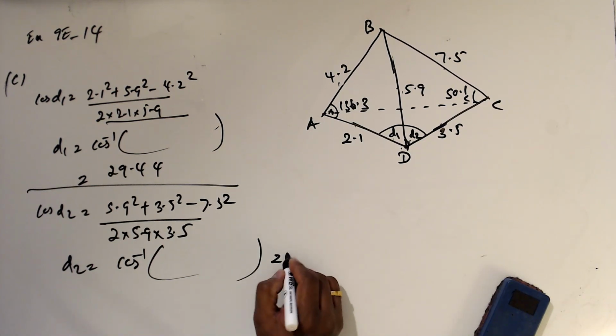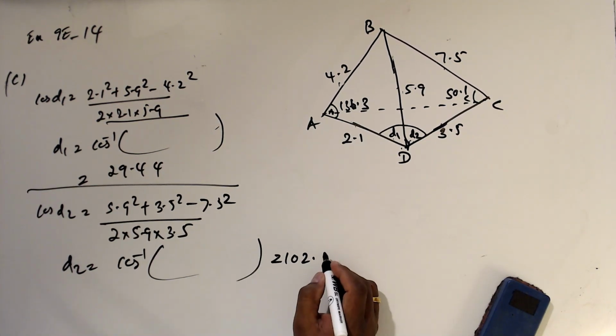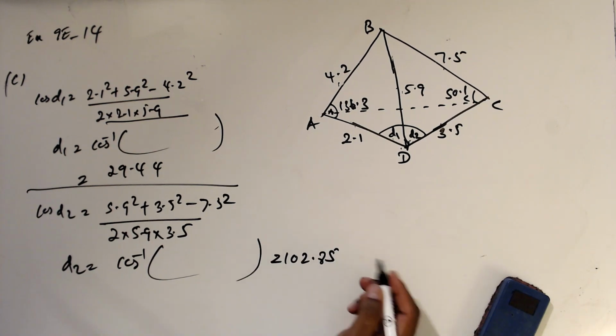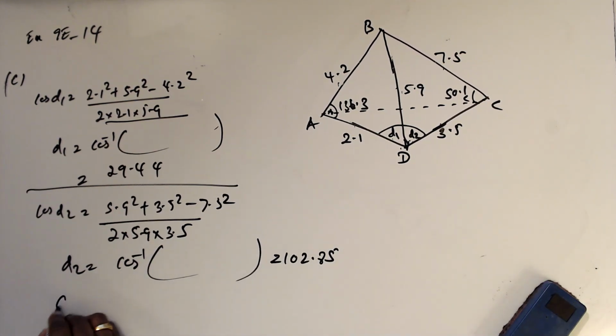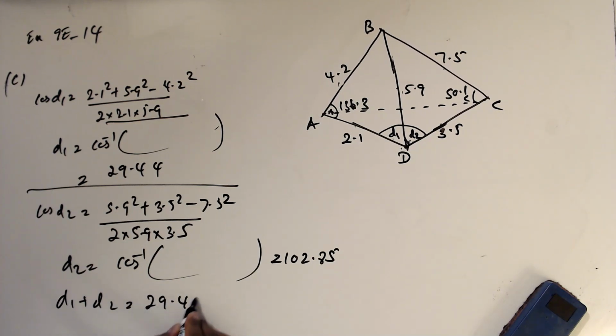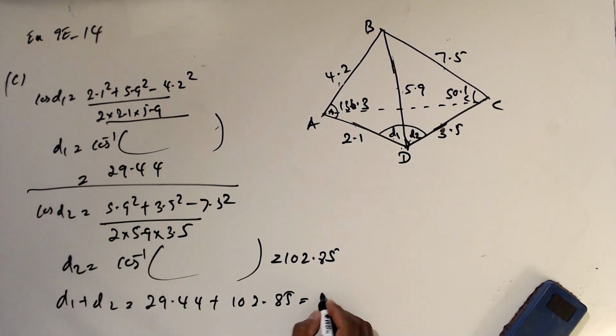Basically you will get 102.85. Then d1 plus d2 equal 29.44 plus 102.85. So 132.29.